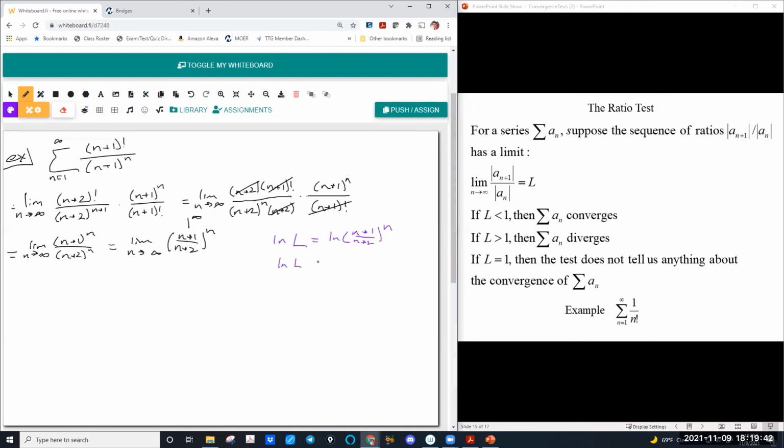So what we're going to do is rewrite this so that we don't have that n up there. And so what I'm going to do is actually find the limit of the ln of L, and then we'll convert it later. So what we're looking at, and I'm not going to write an equals because these aren't exactly equal, what we're solving for is the ln of L.